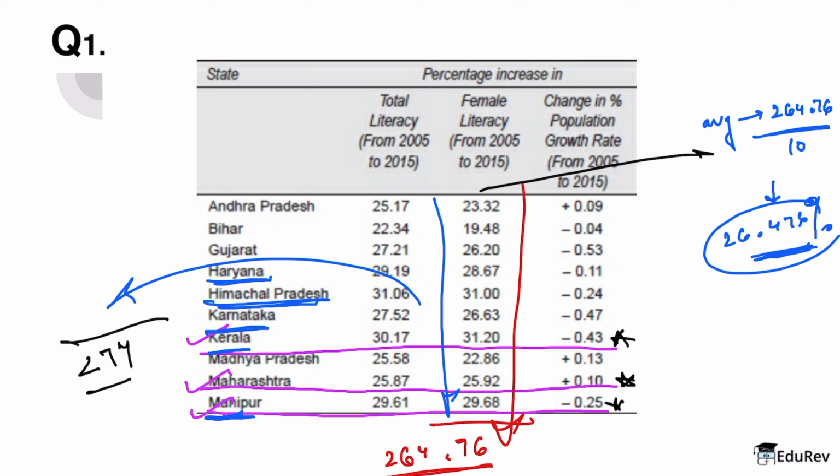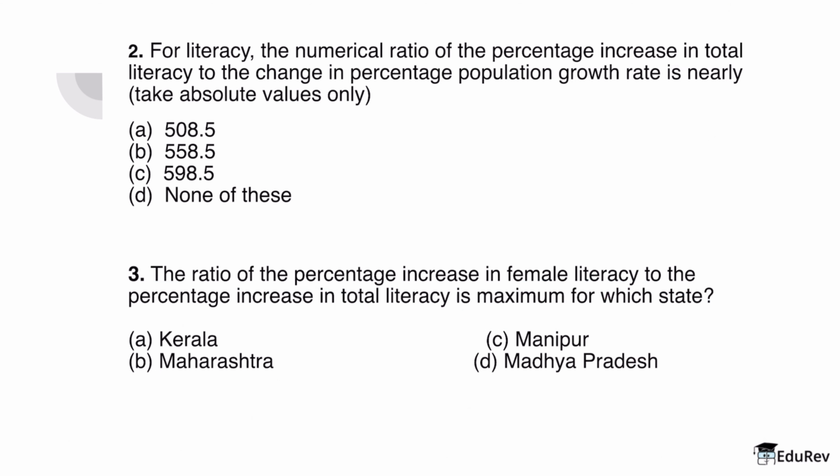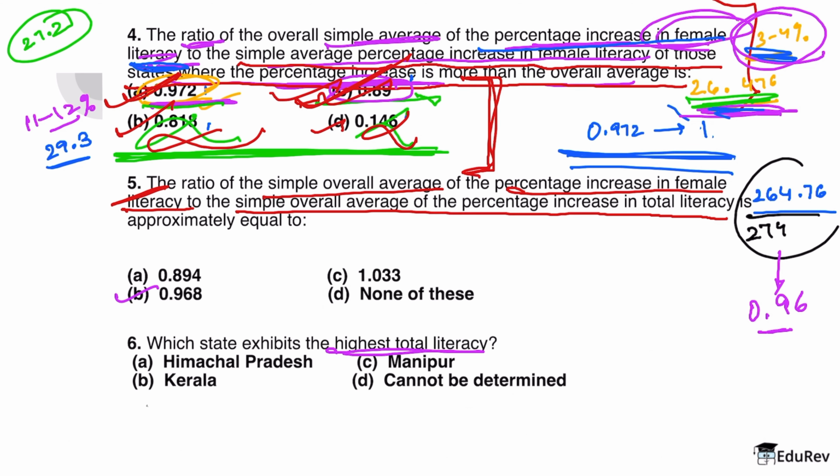The table is only giving us the percentage change in the total literacy over the decade from 2005 to 2015. So that means we cannot find the answer. Correct, because we do not have the absolute value, we only have the percentage change. And the question asks for the highest total literacy. So that means this question cannot be determined.